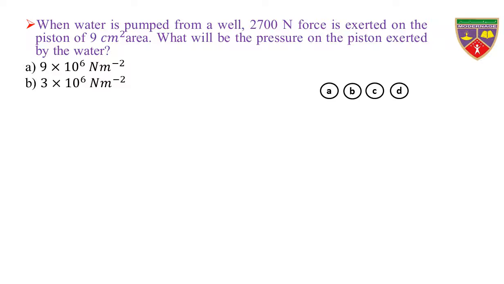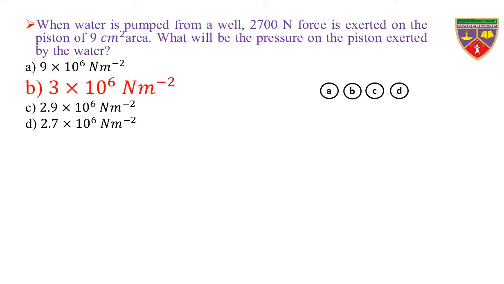Option B, 3 × 10^6 N/m². Option C, 2.9 × 10^6 N/m². Option D, 2.7 × 10^6 N/m². The key is 3 × 10^6 N/m². Therefore, the correct option is B.